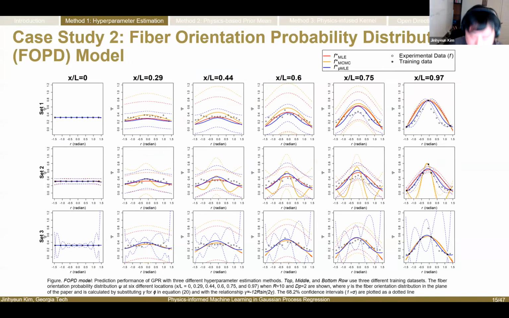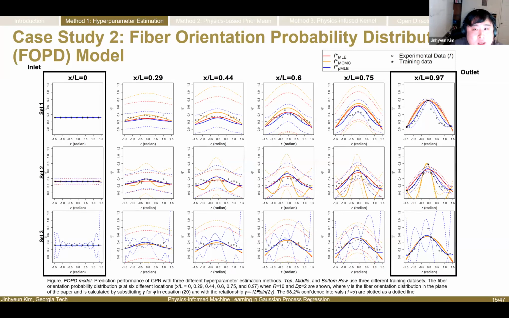This is the prediction plot for 3 different sparse data scenarios. We sample sparse data at the inlet and the outlet. And this is a fluid flow. This is the best result from 100 initializations for each method.